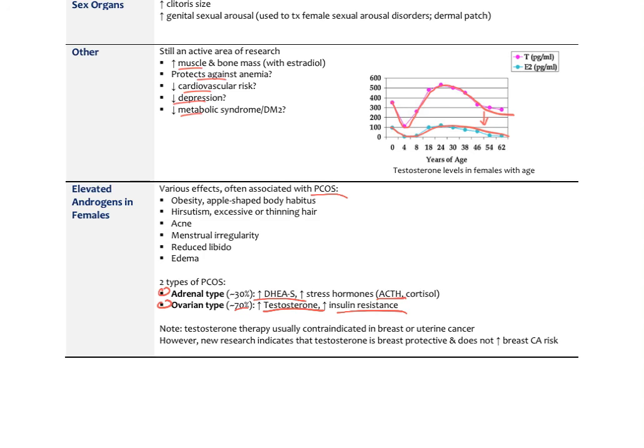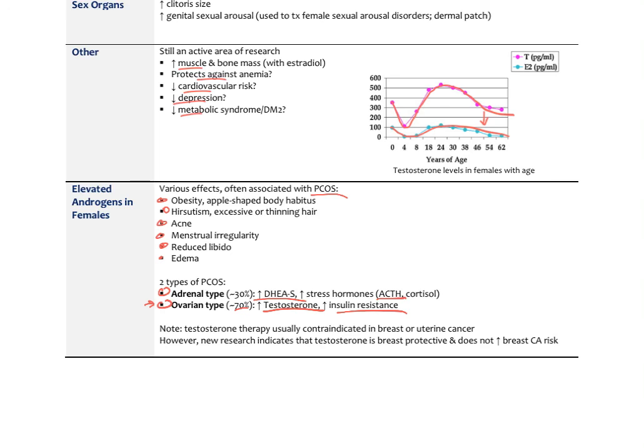But there we're going to see different types of obesity, especially with the second type. Hirsutism, acne, menstrual irregularities like oligomenorrhea, menstrual periods over 35 days apart, reduced libido with too much androgen, and then edema from that as well.